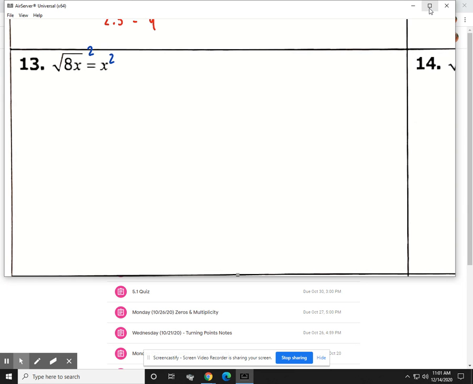here's where it's different. When I square that left side, what drops down? The 8x does. Not really, because it's x to the first. Since that's the only thing that's left over there, we just leave it 8x. But what's left on the right side? Okay, here's where it's different.